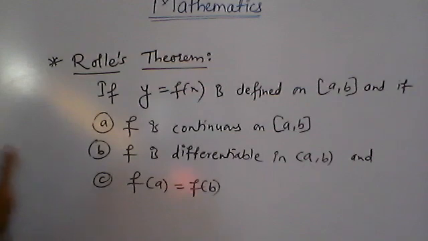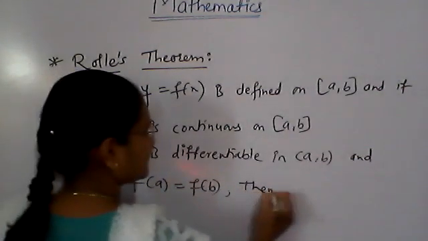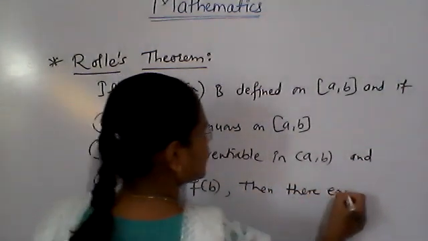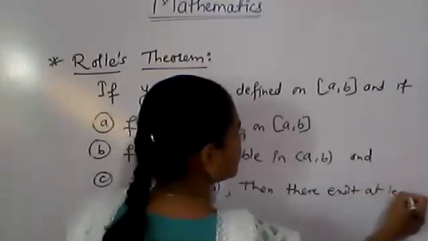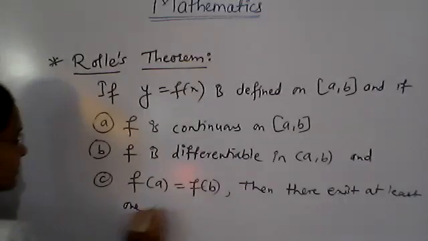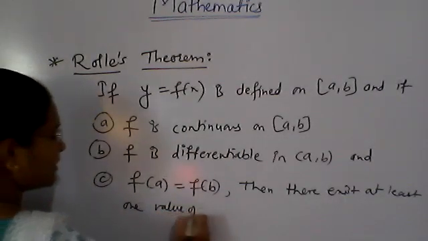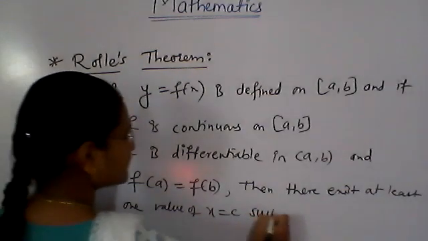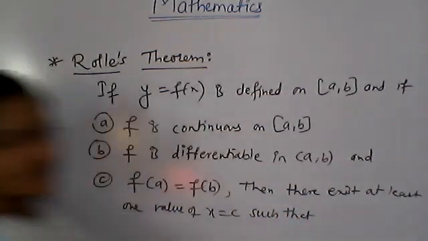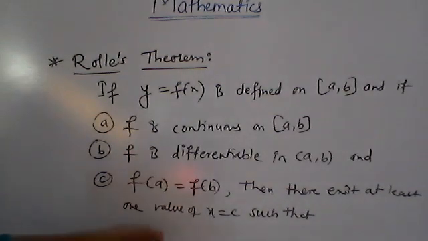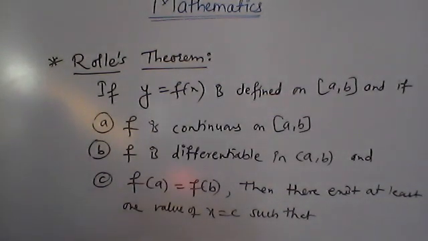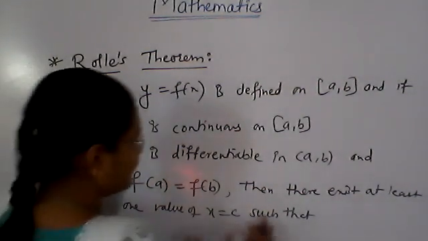there must exist at least one value of x equals c, such that, please write with me, f dash x equals 0 at x equals c.